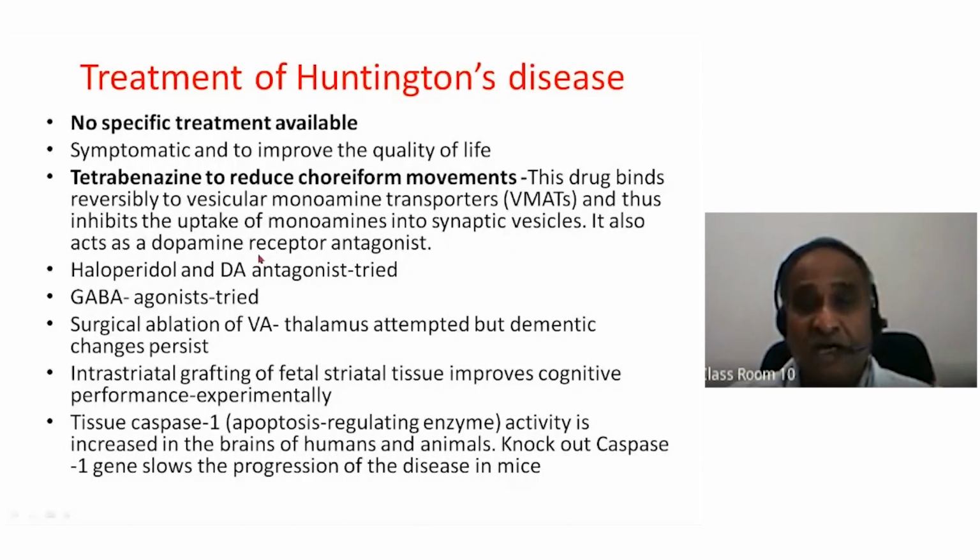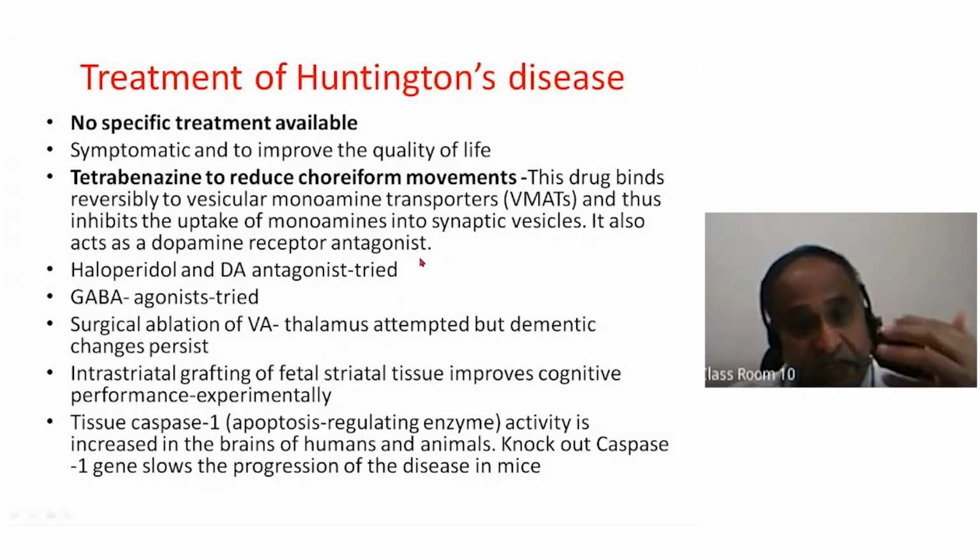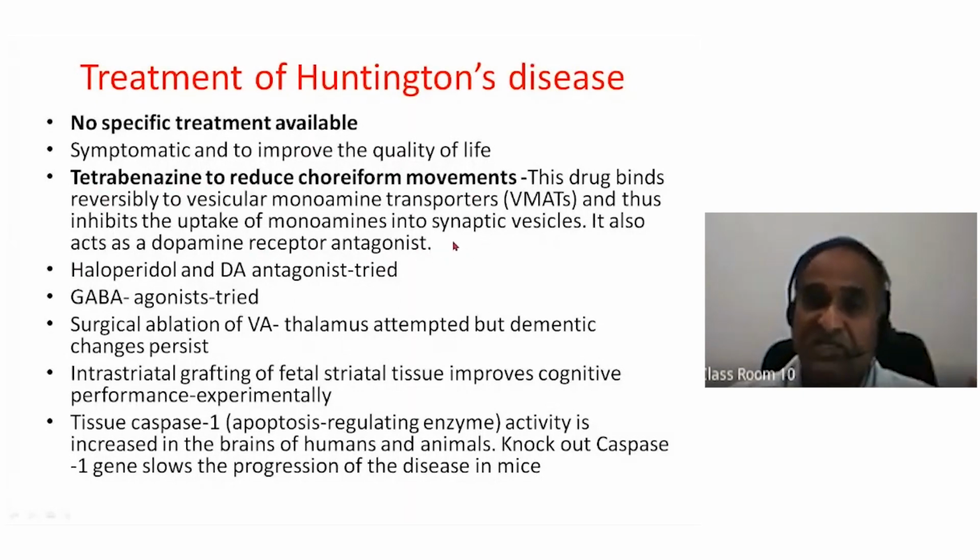It also acts as a dopamine receptor antagonist. So these are the actions of tetrabenazine, but it is not very effective in curbing Huntington disease.